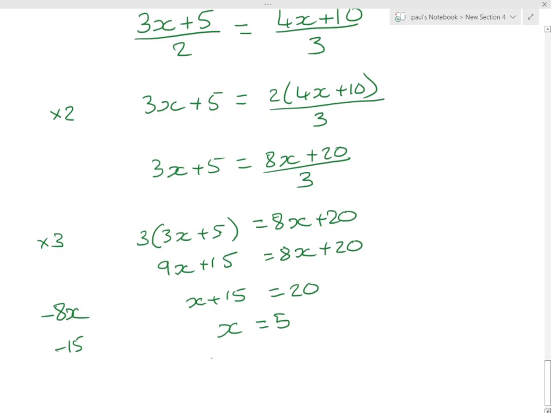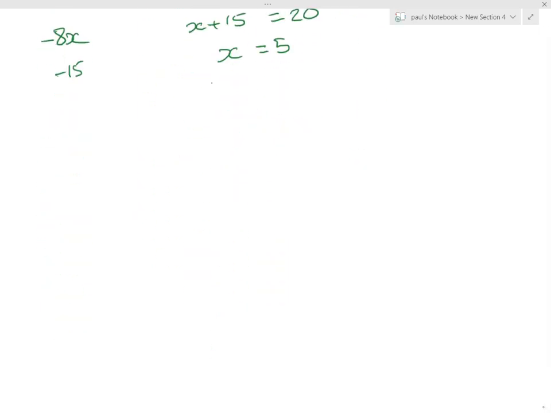Another thing to look out for is, let's do 3x squared equals 75. Now the square is only being applied to the x. If it was everything, it would be 3x all squared. That would be the whole lot, but it's not.